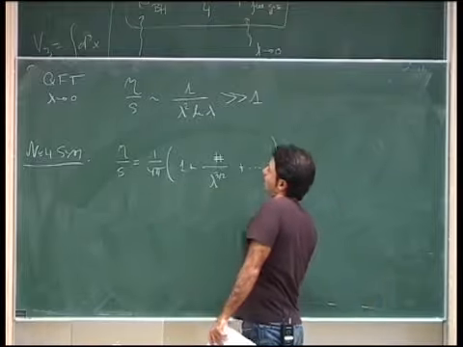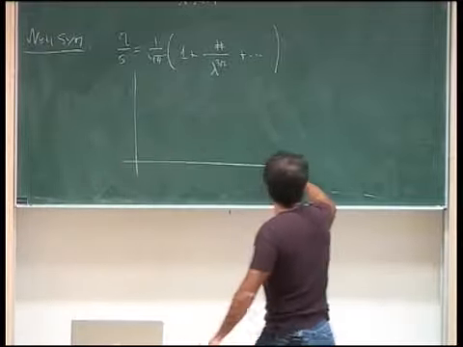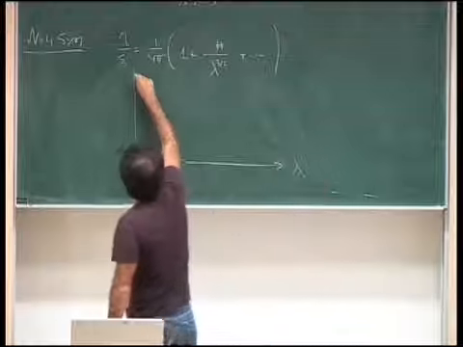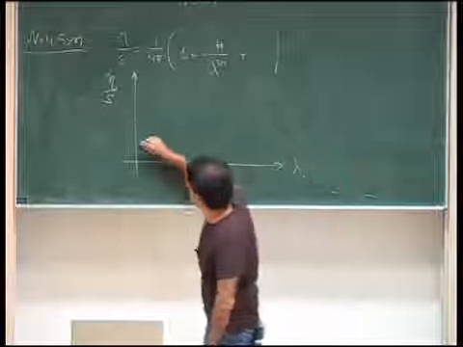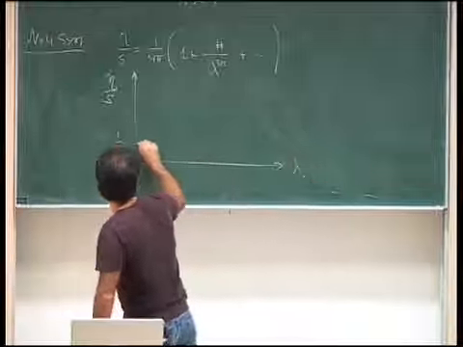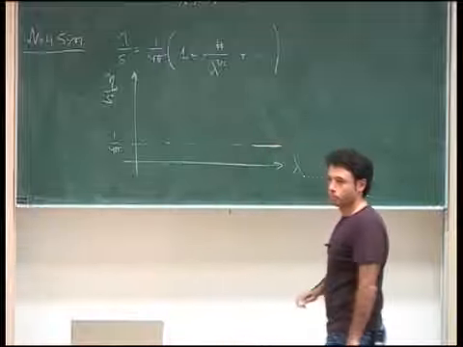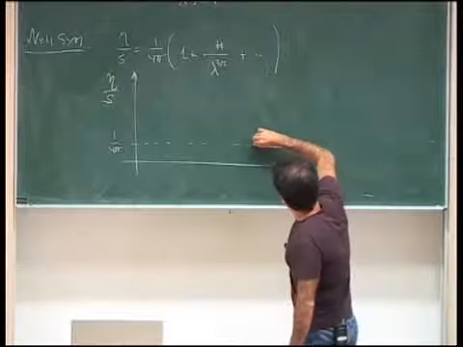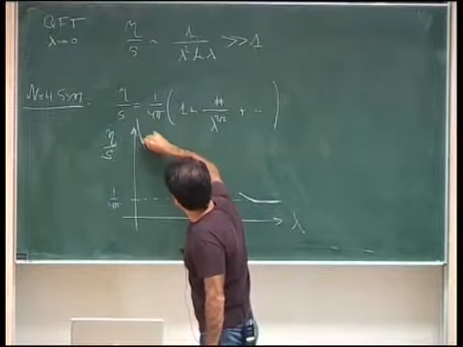And therefore, the simplest possibility, if you plot this ratio as a function of the coupling, is that over here it's 1 over 4 pi, and this curve goes up, and you also know that at weak coupling it diverges.